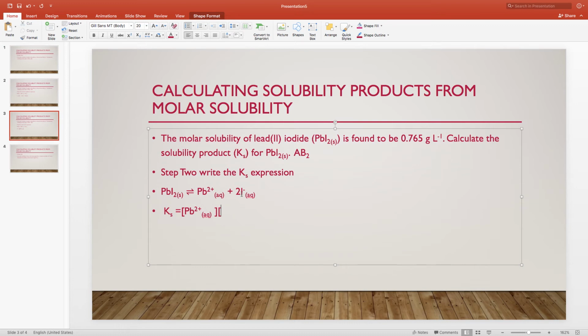And here we're going to put in the iodide, and remember, it's raised to the power of 2, because there's 2 moles of that, the coefficient is 2, we must raise the concentration of this to the power of 2. So once we've got step 2 done, we now have to calculate what the equilibrium concentration of this substance is.